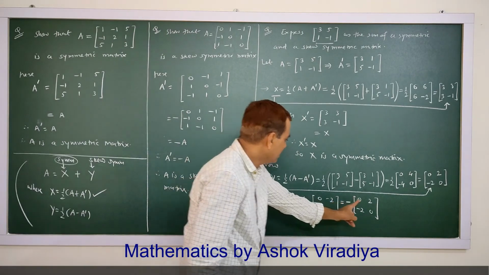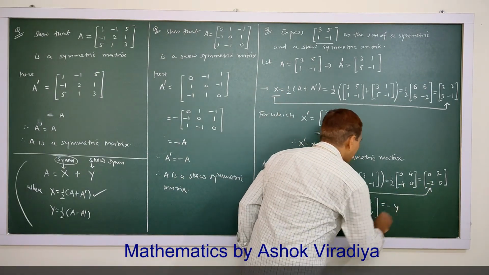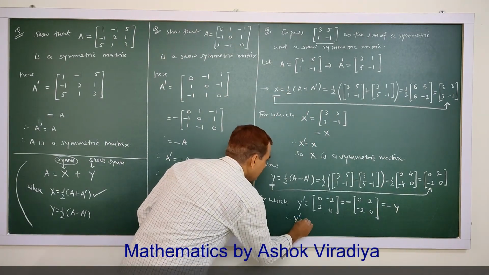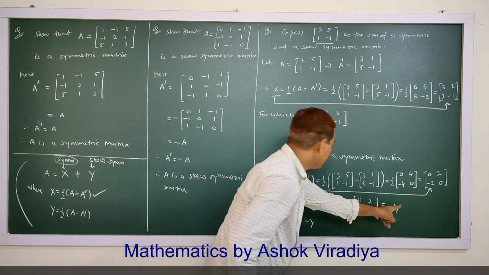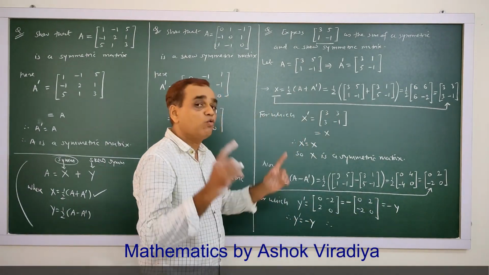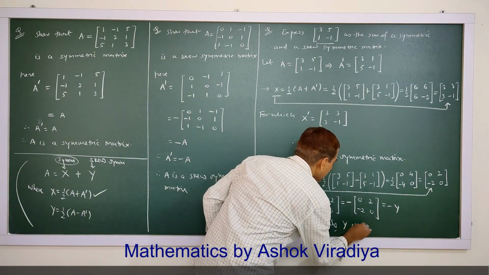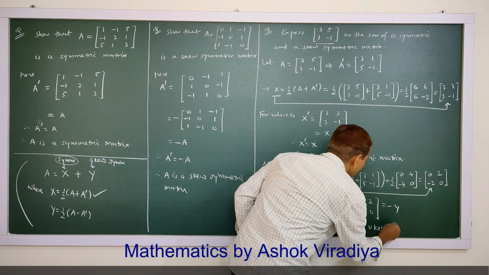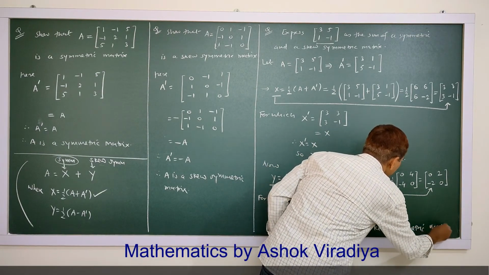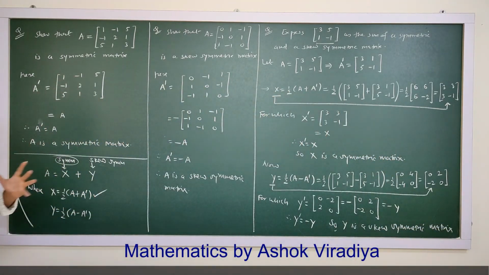See, this is Y. So it is equal to minus Y. That means Y dash is equal to minus Y is true. Therefore, Y is a skew symmetric matrix. So Y is also formed.